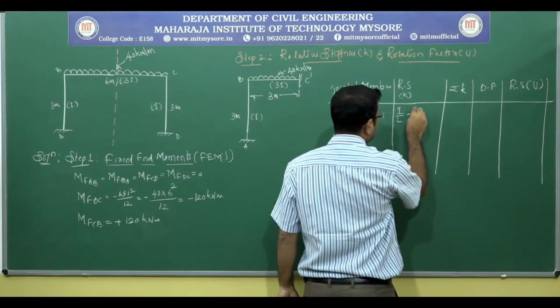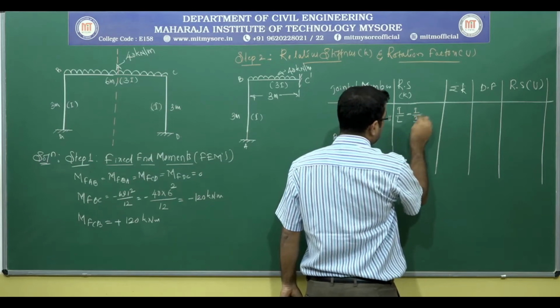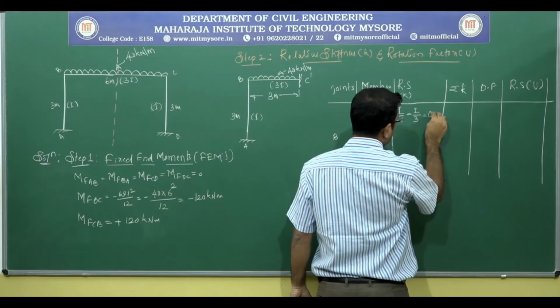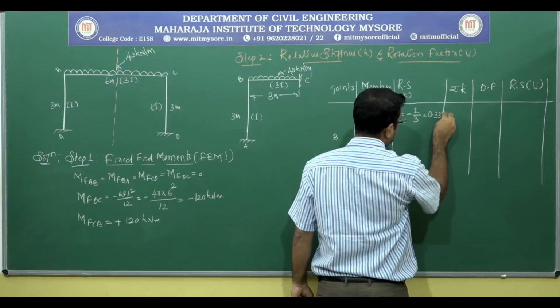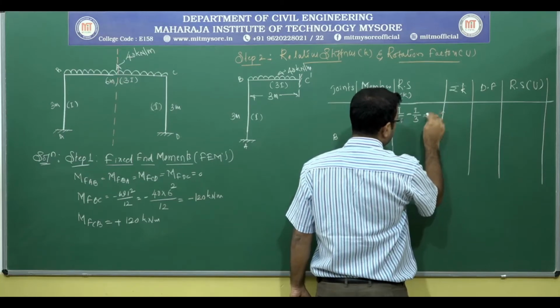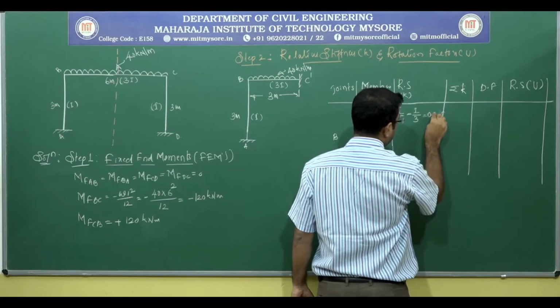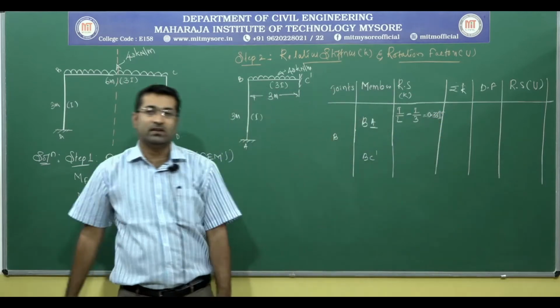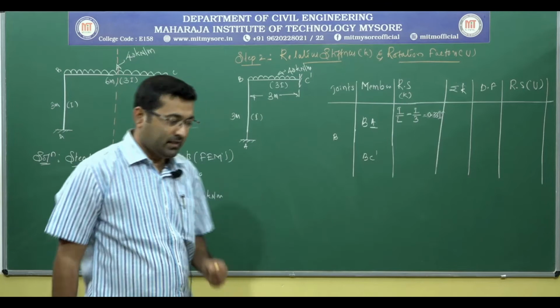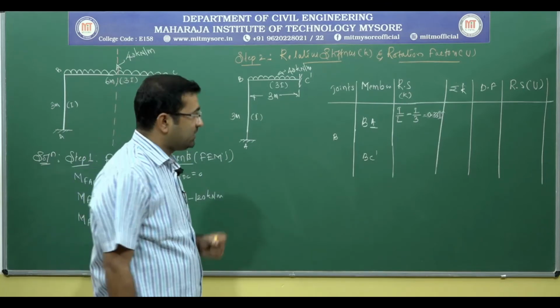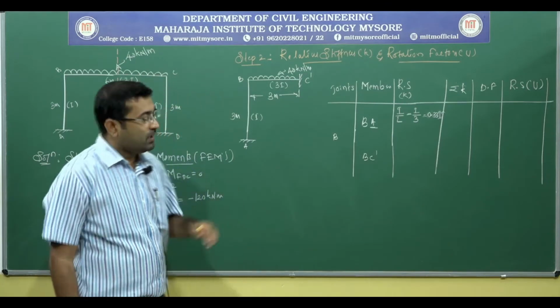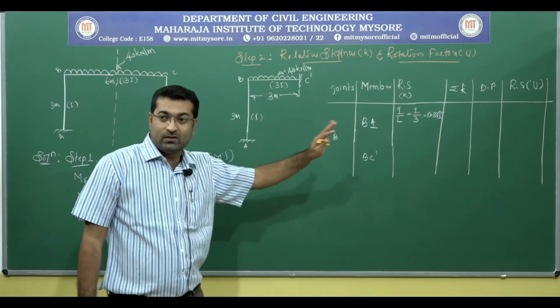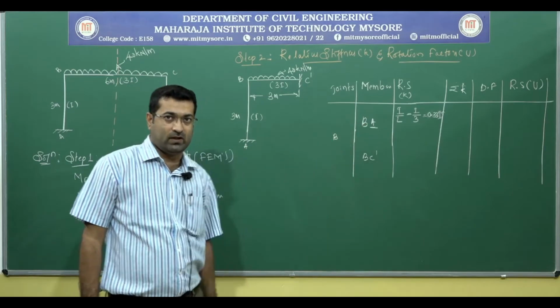So it is I by 3, which equals 0.33 I. The relative stiffness for the member BA is 0.33 I. Up to this calculation, no change, as usual.